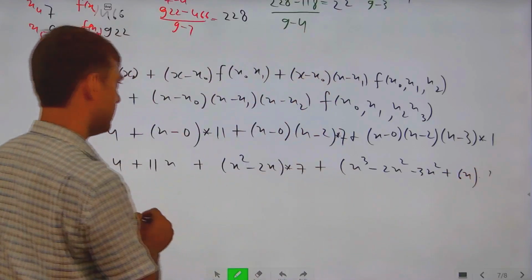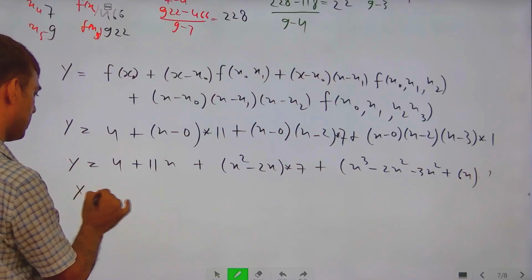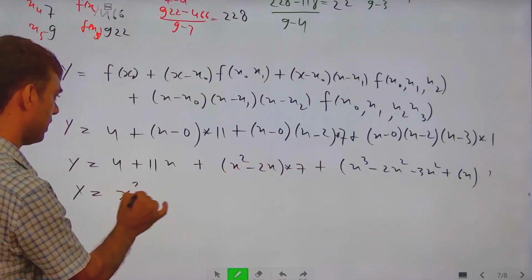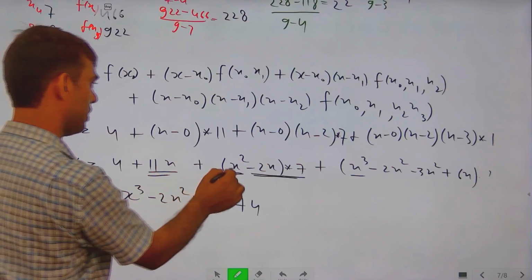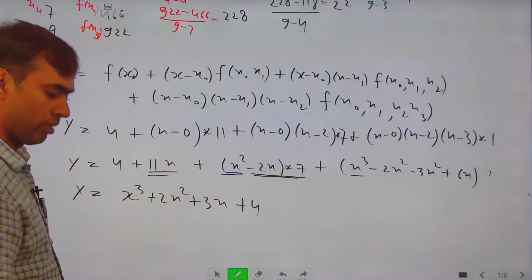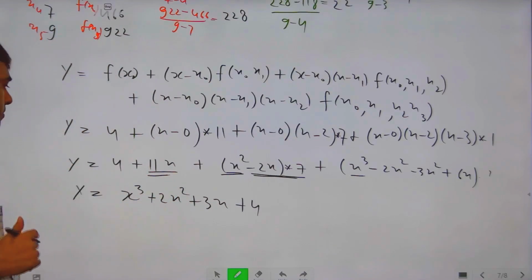If we simplify this, y equals x cube plus 2x square plus 3x plus 1 (correcting the earlier slip). This is the result, this is y.